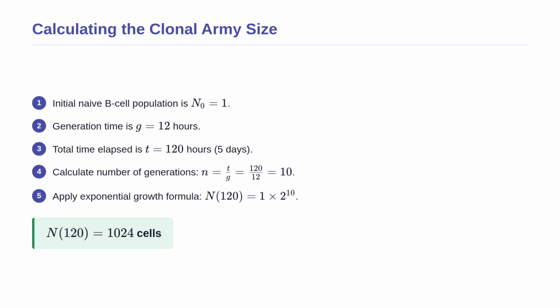First, we find the number of generations by dividing the total time by the generation time, giving us 10 rounds of division. We then plug this into our formula, multiplying 1 by 2 raised to the 10th power. This yields a final answer of 1,024 cells. This physically demonstrates how a tiny recognition event scales into a measurable immune response.